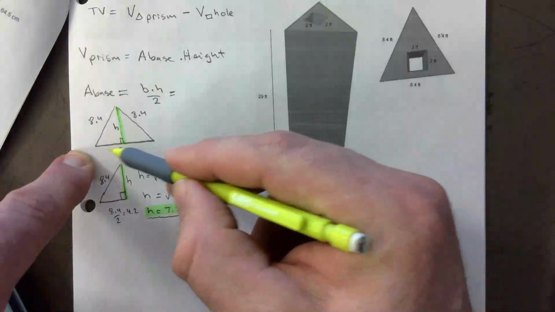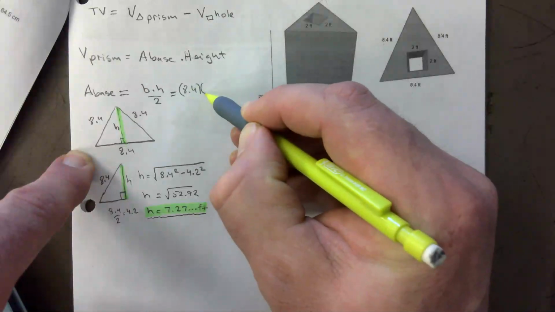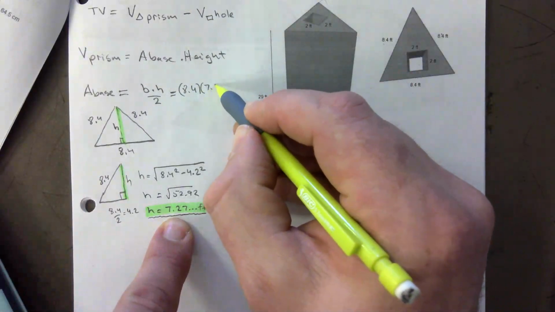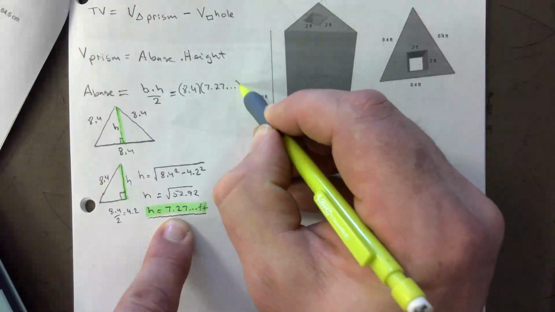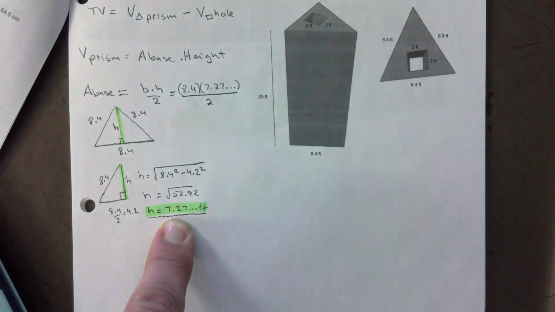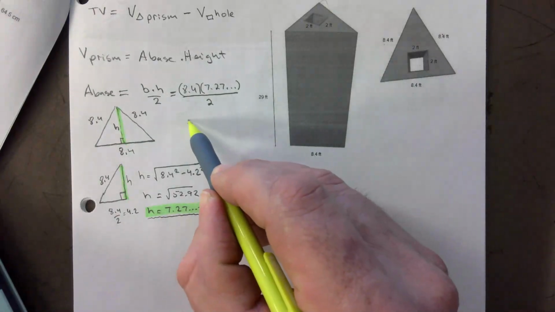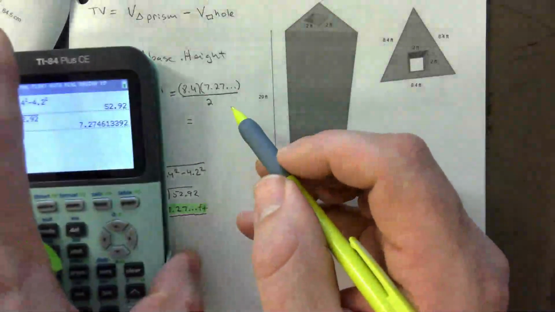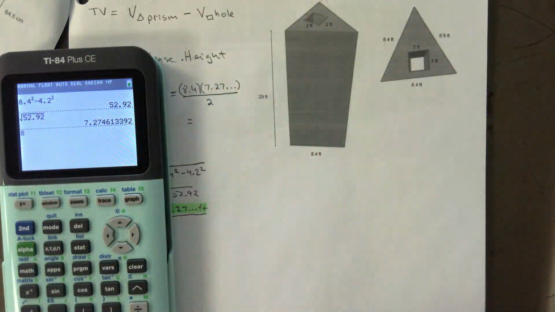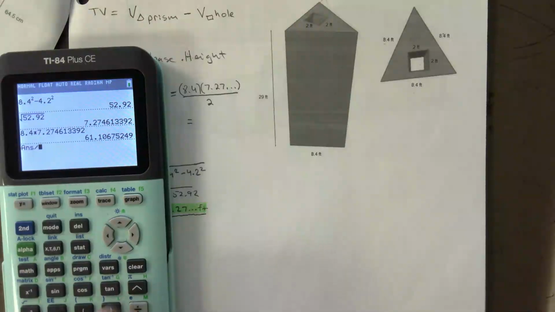It is 8.4 here. 8.4 times 7.27, and that just keeps going, all of that divided by 2. Let's figure out what this is as just one number. It's just not as messy. So I'm going to go 8.4 base times the height, and then divide that by 2.